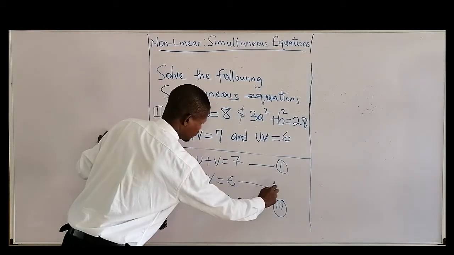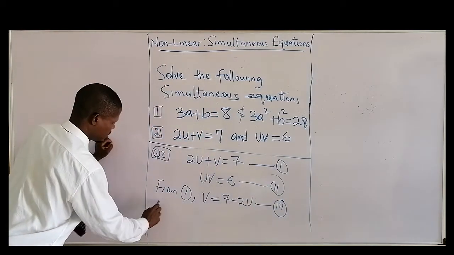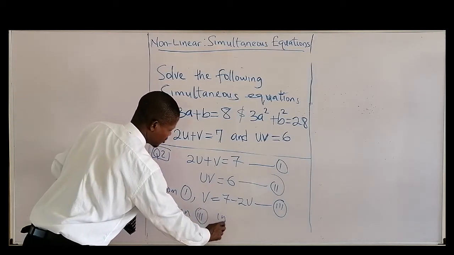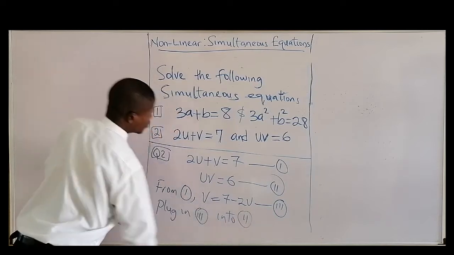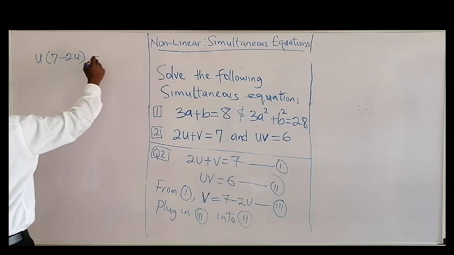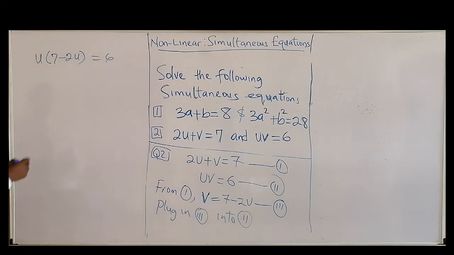So this is your equation 2. Plug in 3 into 2, and that will give you u into bracket, my v expression, 7 minus 2u, equal to 6.